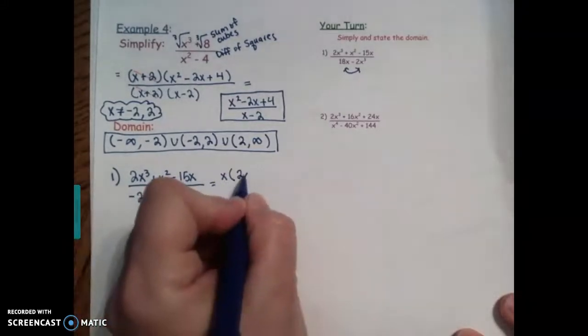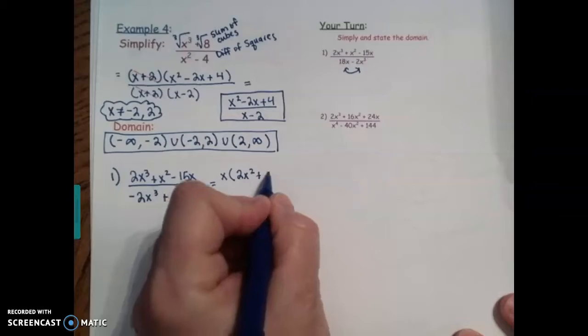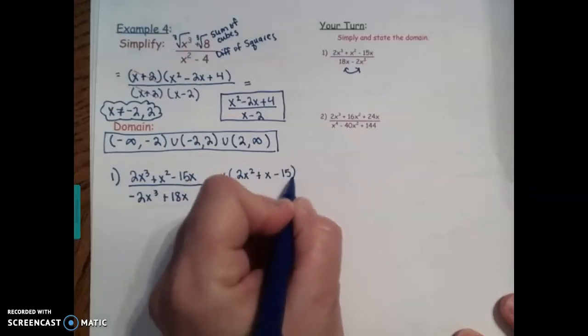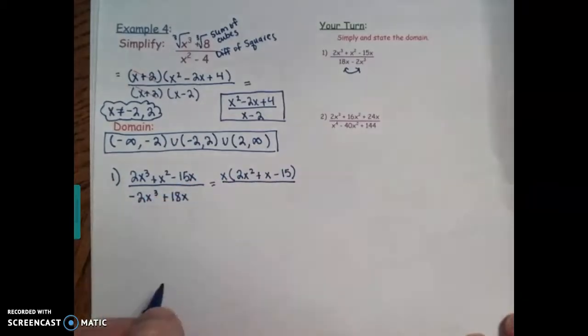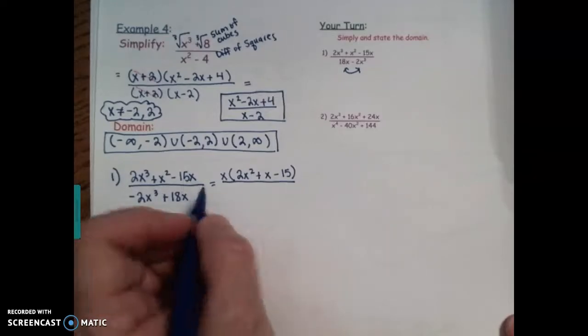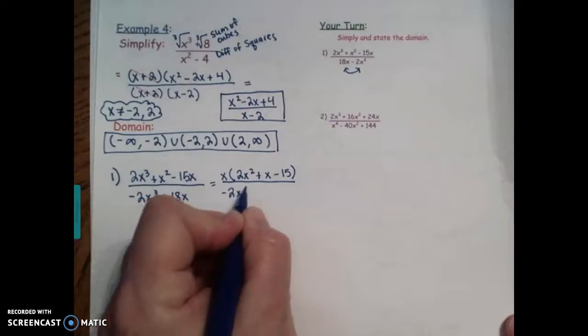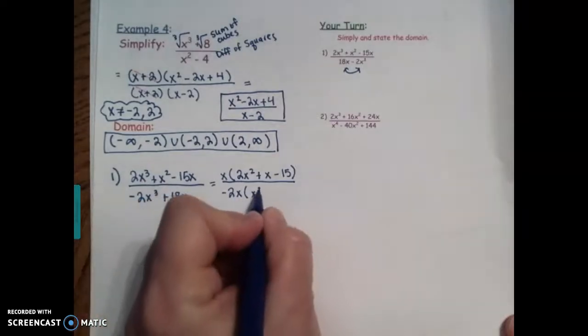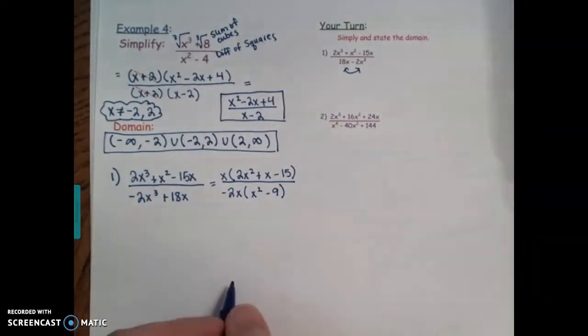So that's going to be 2x squared plus x minus 15 when we factor out the GCF of x. In our denominator, we can factor out a negative 2x, and that's going to leave me with x squared minus 9.